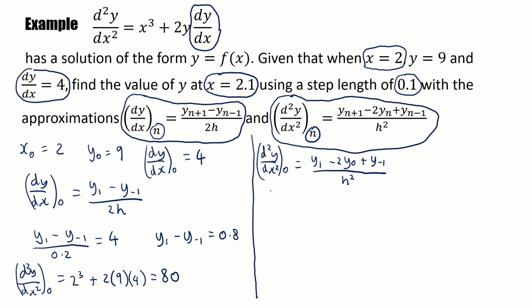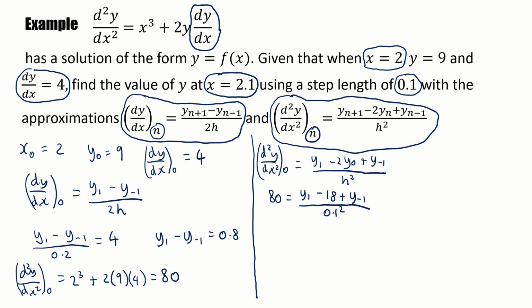Meaning we have 80 equals y1 minus 2 lots of y0, which would be 18, plus y minus 1, which again we don't have, all divided by h squared, so that's 0.1 all squared. Again, a bit weird because we've got two unknowns in that formula as well.